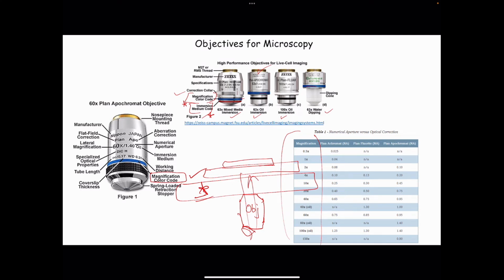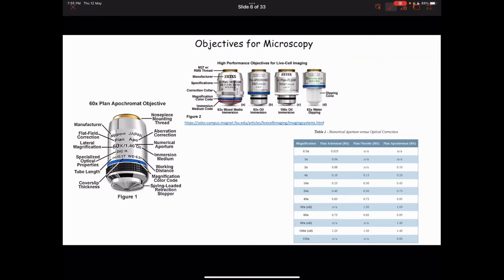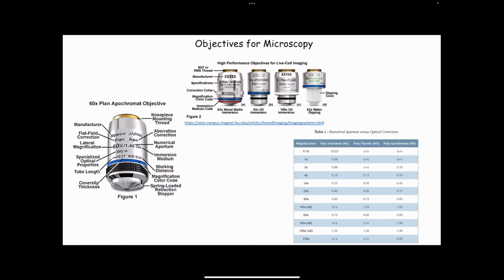In that case, it comes in handy if you just notice the code of the immersion media and the code of the magnification, and all those things can be told to you in detail if you keep these markings in mind and appreciate them.